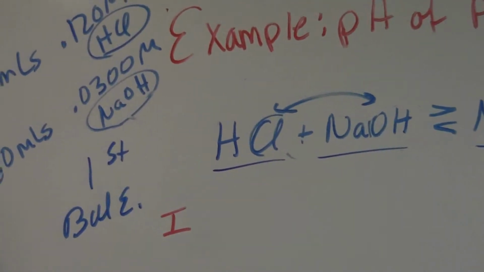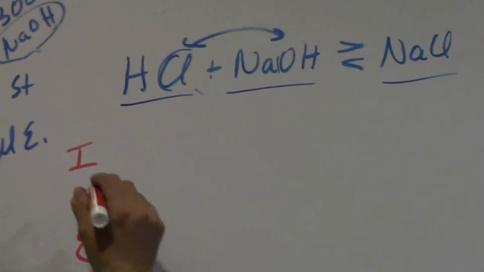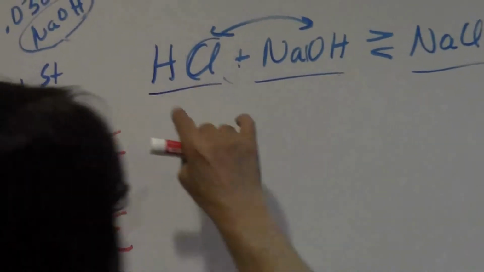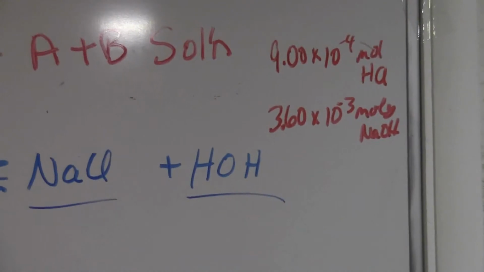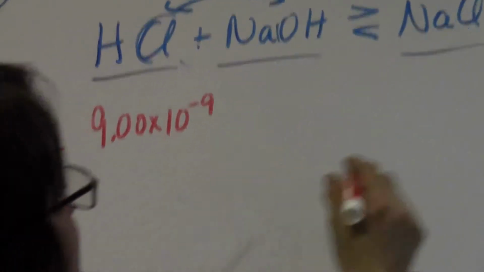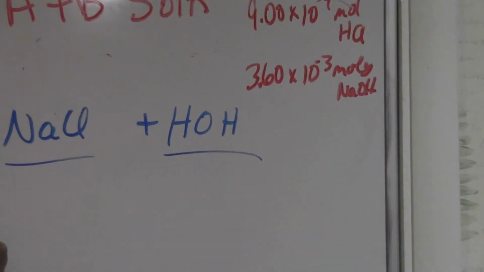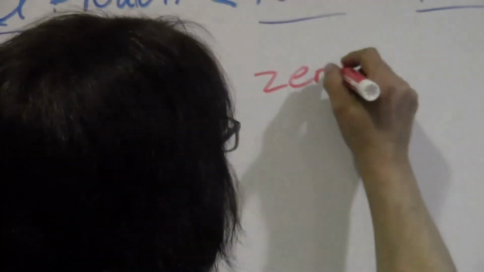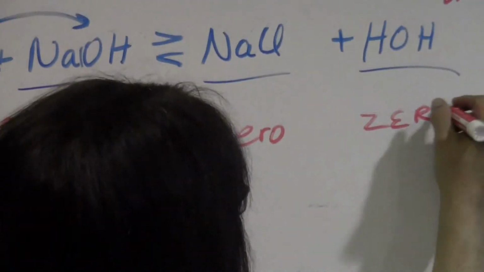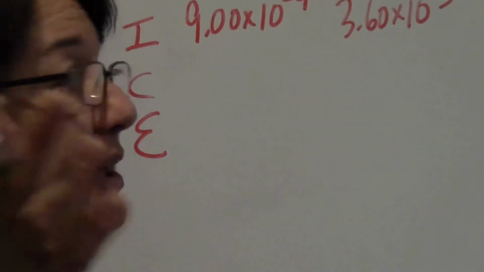Remember, anytime you have an equilibrium chart, well, let's just go ahead. Our initial concentration, not concentration, moles, we figured out for HCl 9.00 times 10 to the minus 4 moles, and for NaOH, 3.60 times 10 to the minus 3. Remember, unless the problem gives you concentration of product at the start, you assume that the reaction hasn't started initially, so you're going to write in zeros.